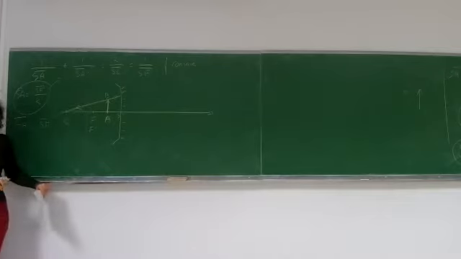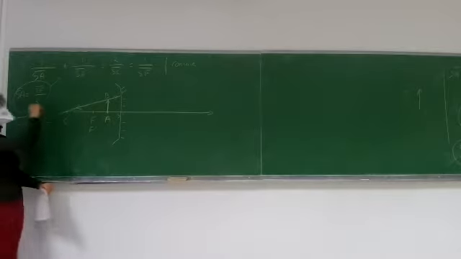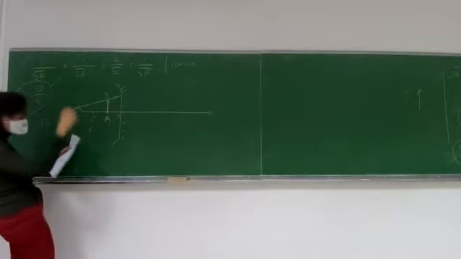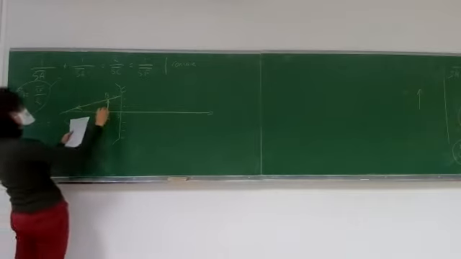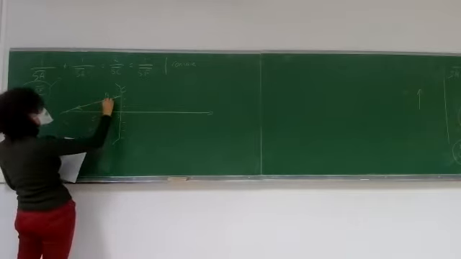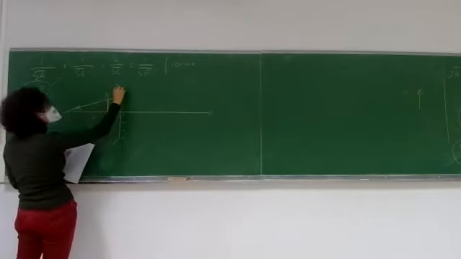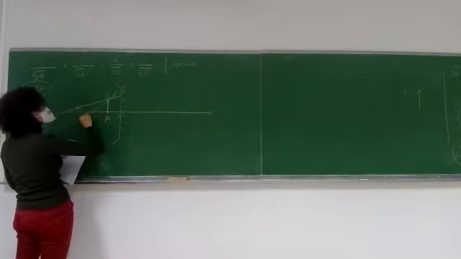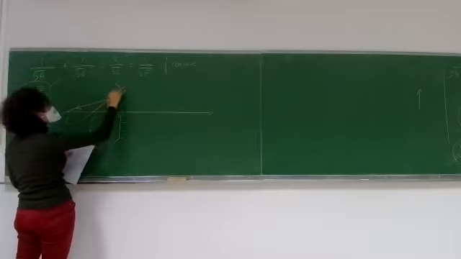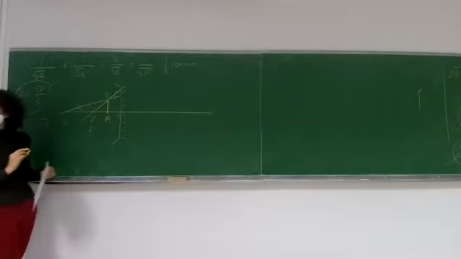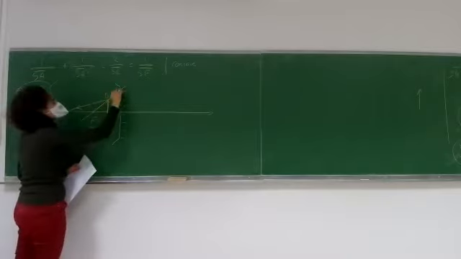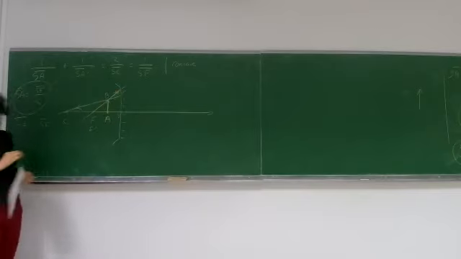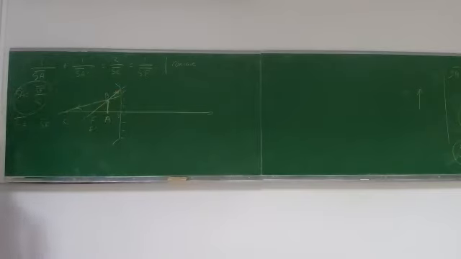Use one arrow for one ray, and then I'm going to draw a second arrow. Which one? This one, for example, the one coming through B and F. For this one, I'm going to use 2.